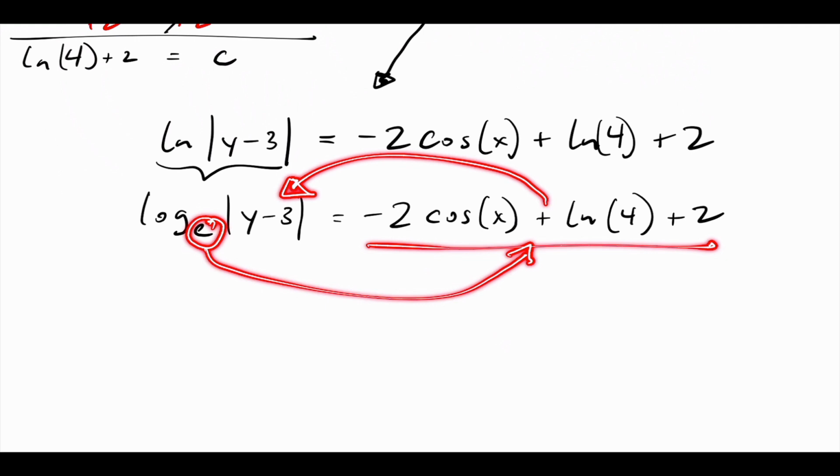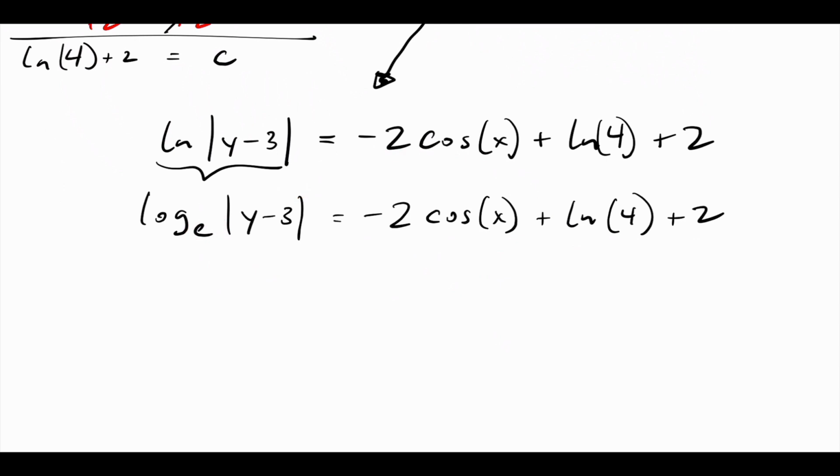So it's going to be e to this power equals this. That's how to get rid of a log.